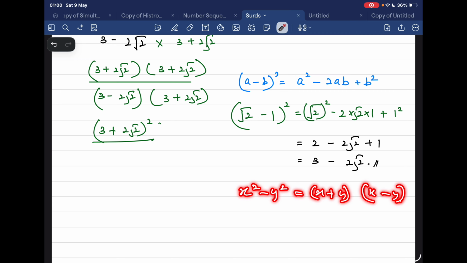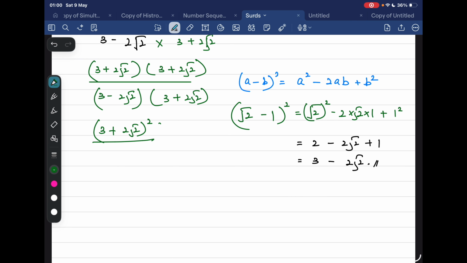The same thing applies here. Then you can compress this when you expand what we did previously. So then you can write it, apply the difference between two squares on 3 squared minus 2 root 2 squared.